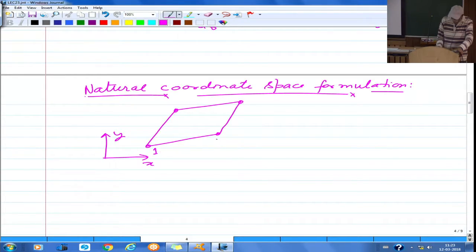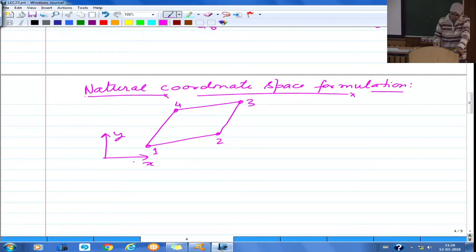These are the nodes 1, 2, 3 and 4. I write the coordinates of these nodes in terms of the global coordinate system, although I can always have an element coordinate system, usually with the origin at the first node of the element, the x axis from the first to the second node, and the y axis perpendicular in the plane of nodes 1, 2, 3, 4.